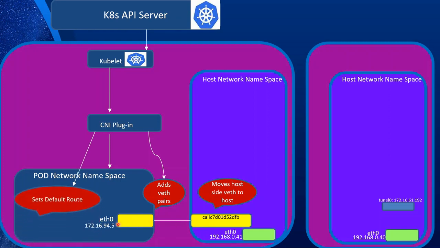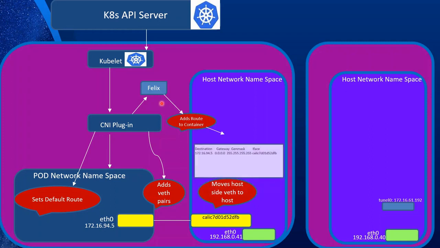One side has an IP address, the other does not. It's basically just a pipe that connects these two, and it also sets the default route for the new pod. The next thing it does is call into a daemon called Felix that is installed by Calico. When we install Calico, its primary role is to manage the routes.